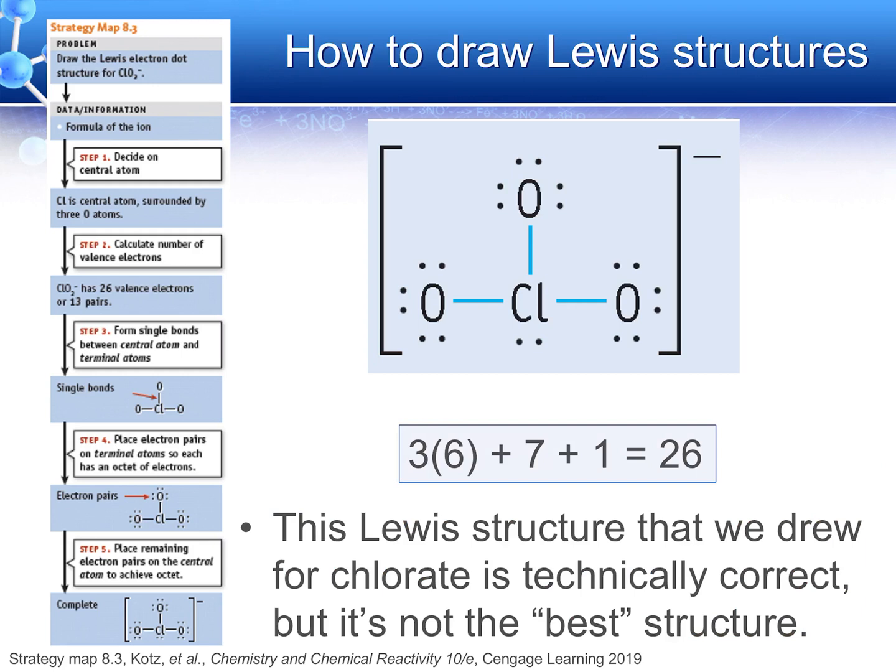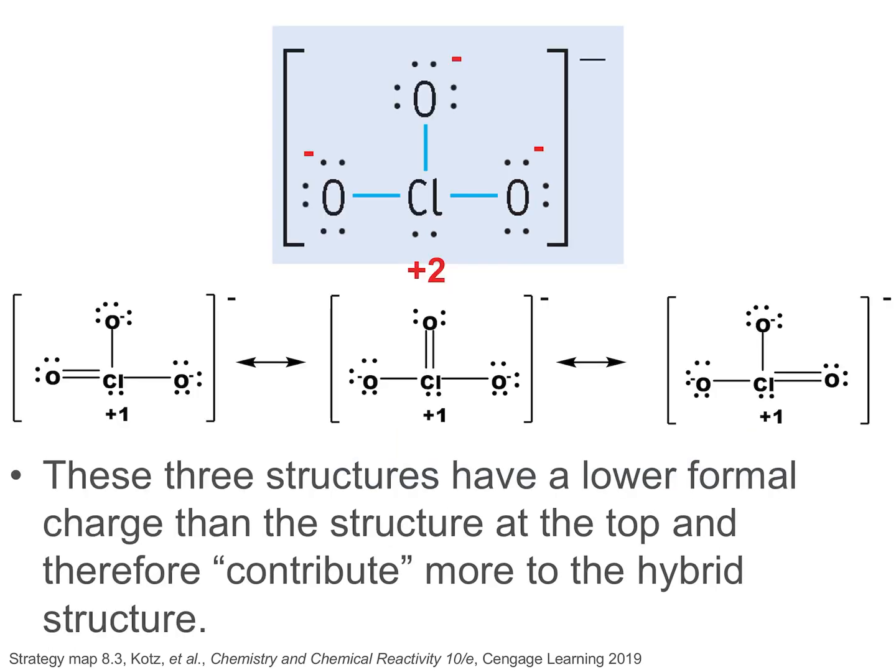So I want to go back to this strategy map and this chlorite ion that we drew the structure of. Technically we followed all the rules and we did what we were supposed to, but it's not really the best structure of all the structures we can draw. It is true we drew a structure, it had 26 electrons, and we obeyed the octet rule, but we also calculated the formal charge, and we found out that chlorine had a +2 formal charge, and each of the oxygens had a -1.